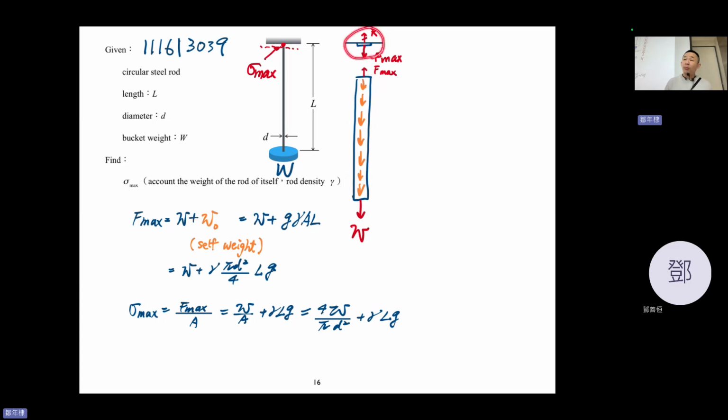And the upper part is still okay. Yes, you see that upper part and lower part, you made them equilibrium, and then you have two force diagrams. And when you put it back, these two forces, F max, are opposite with the same value, they will cancel each other.